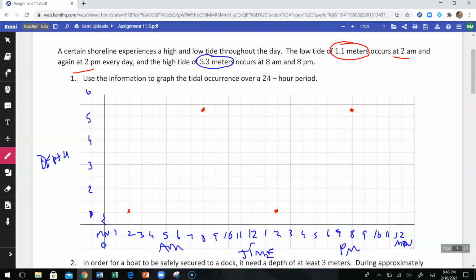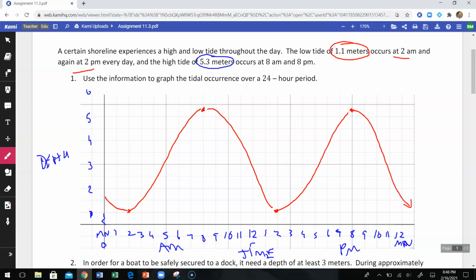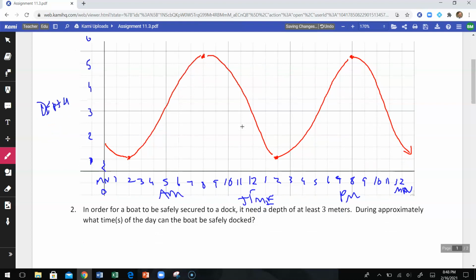So it's just going to continue on in this fashion over and over and over again, which is going to give us this nice cosine or sine wave, as we will call it, to model this situation. And again, it would continue on in the same direction. Okay, so there's our graph, and now we're going to answer some questions about it.